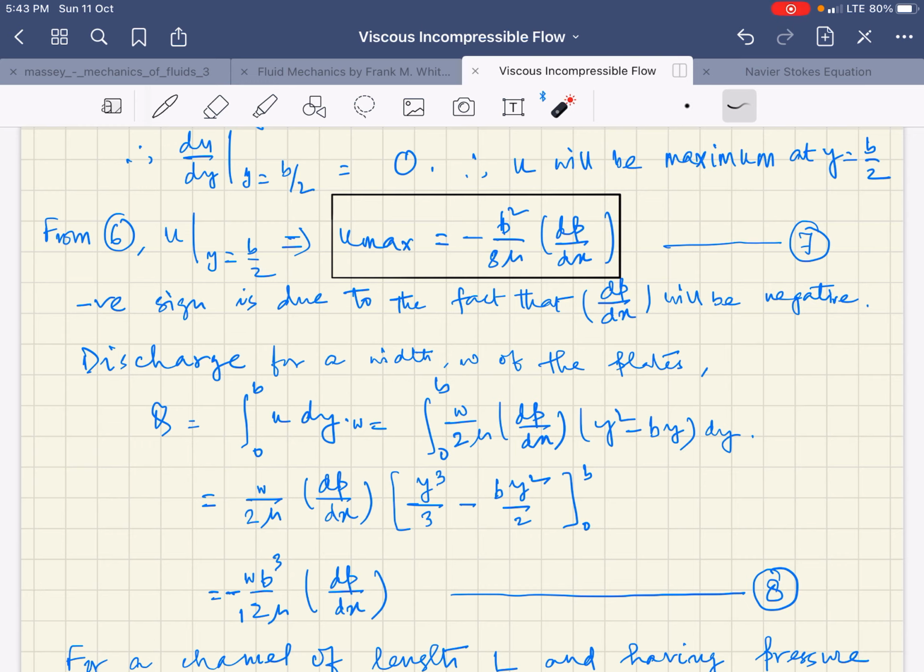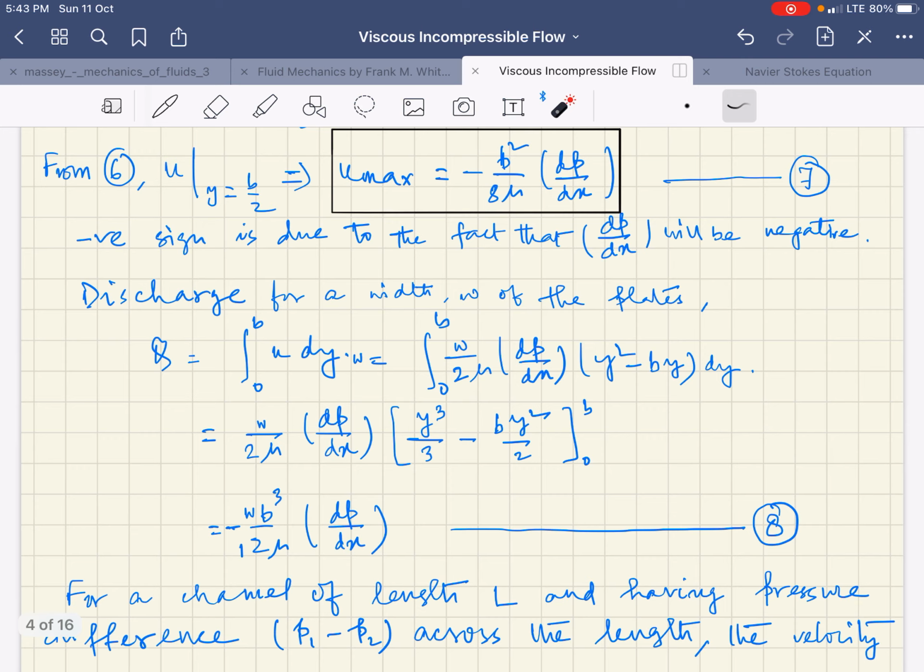So once you get this u, that is the velocity, you can also find out the discharge for a width, say w, of the plate. This is the two plates through which your flow is occurring.